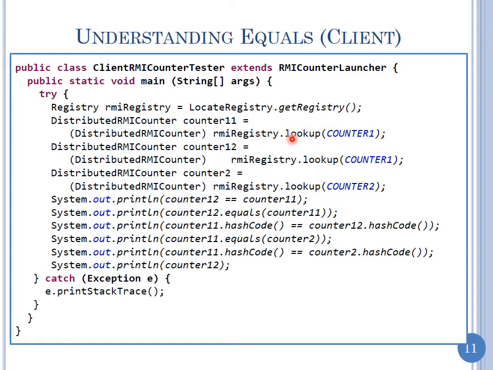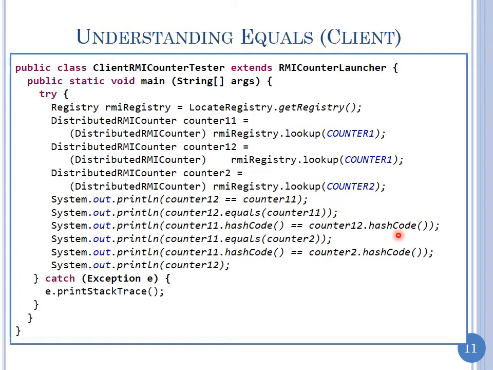Okay? Counter 1 hash code equals counter 1 2 hash code. Who knows what's happening with the hash codes? Maybe true, maybe false. Counter 1 equals counter 2. No, because they're different proxies.